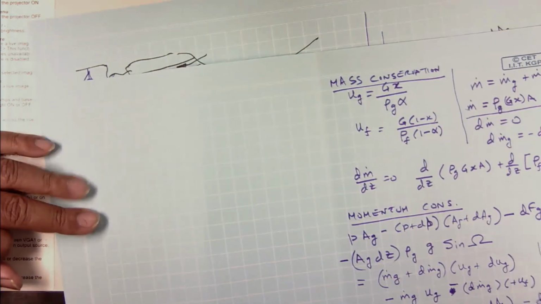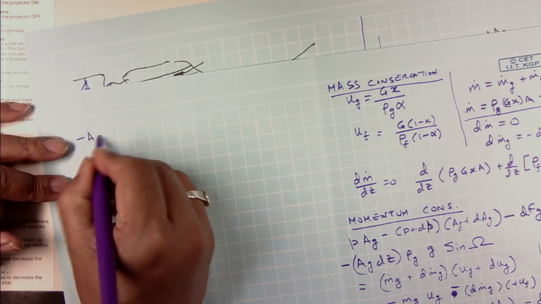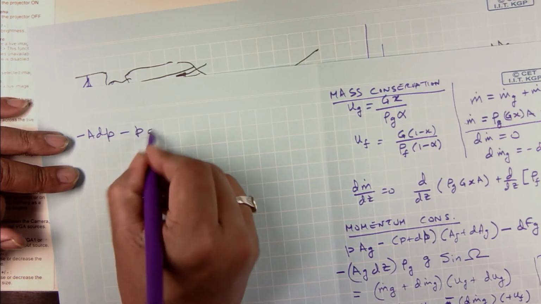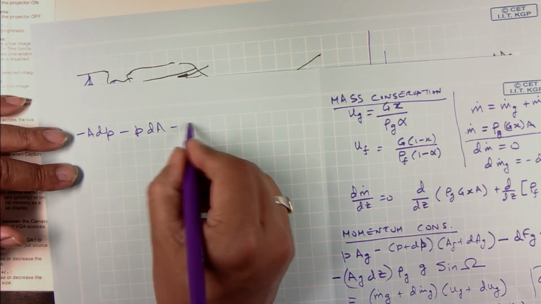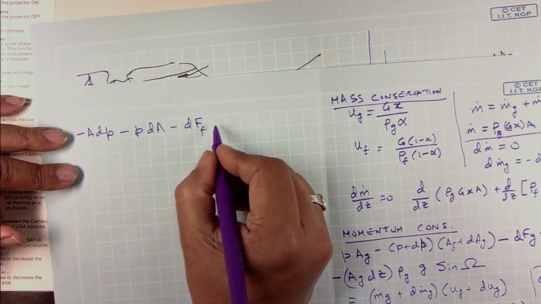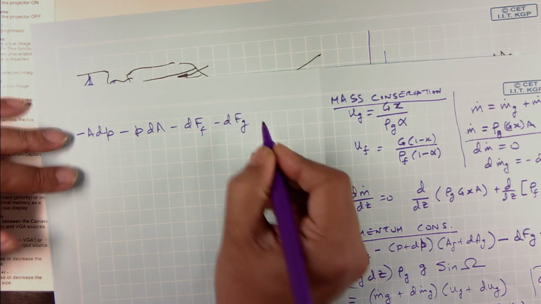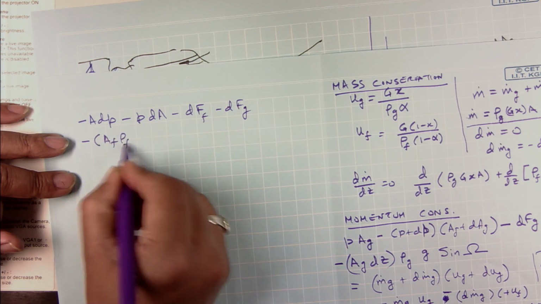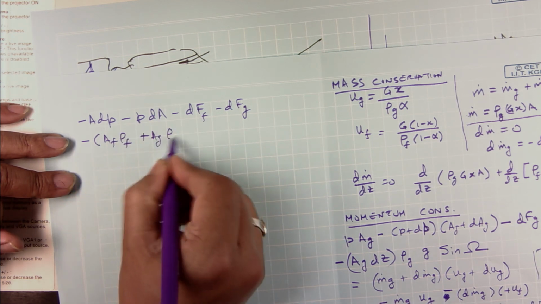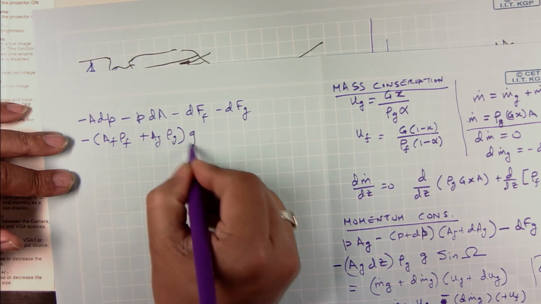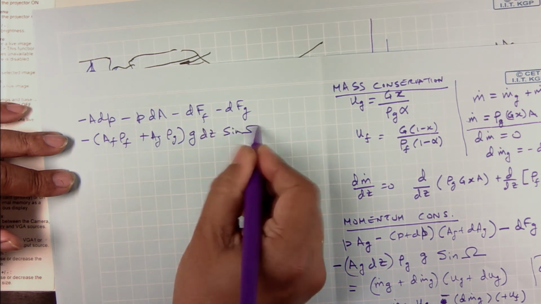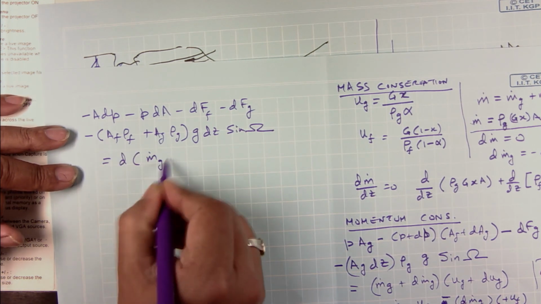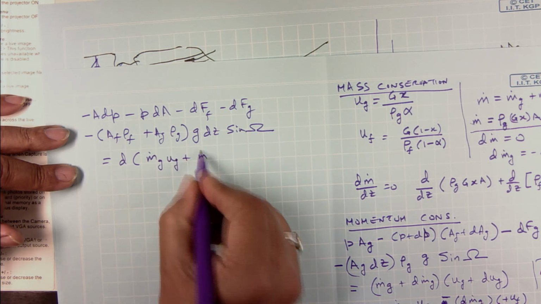If I add these two equations, I will end up with minus A dP, where A is the total area, minus P dA, minus dF_f, minus dF_g, and then minus (A_f rho_f plus A_g rho_g) times g times dz times sin omega, and that should be equal to d of (m dot g u_g plus m dot f u_f).